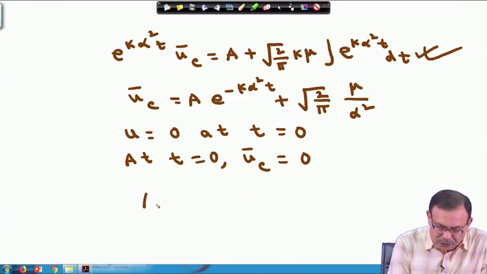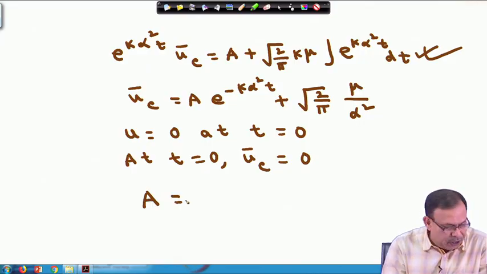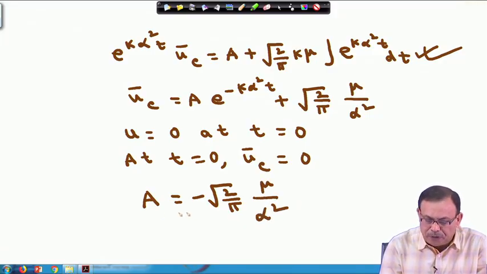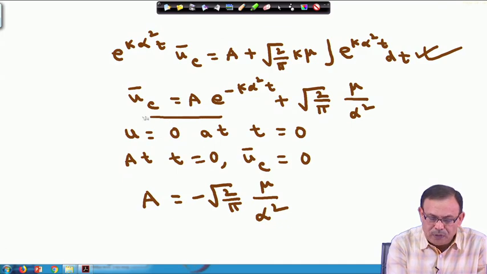So, once I put this, I can obtain A equals minus root over 2 by pi into mu by alpha square. Once I obtained the value of the constant A, and if I substitute it here, I can obtain the value of u bar c over here.